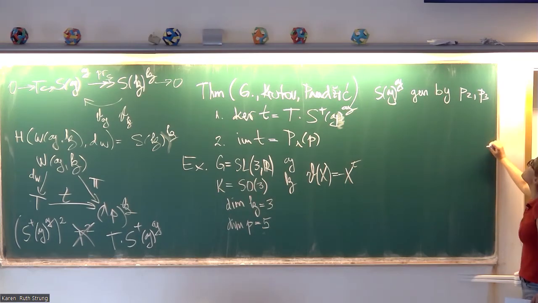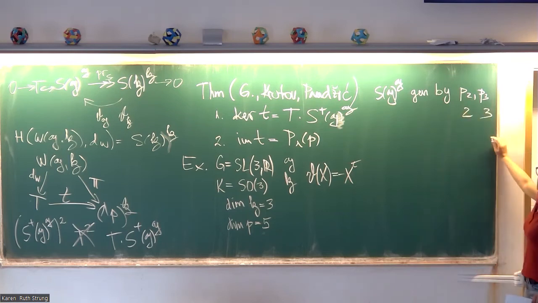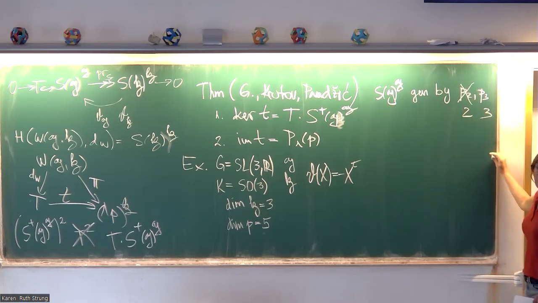Because those generators are of pure degree 2 and 3, so the index denotes the degree. Since I was talking about the smallest case, why 2 of them? Why not 1 of them? Well, we can completely forget about this one, because it won't be in the domain of the transgression.